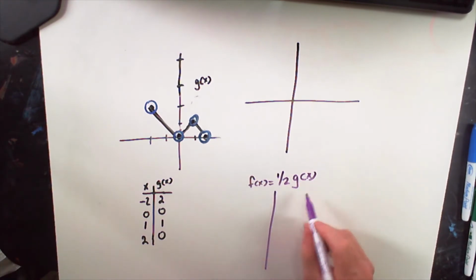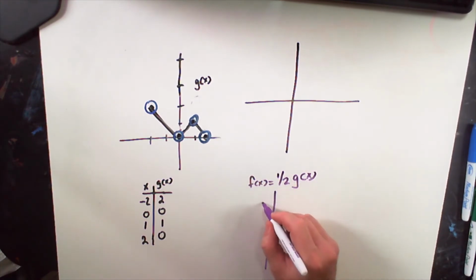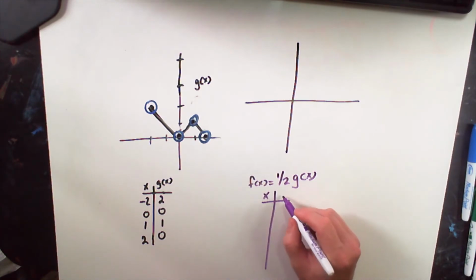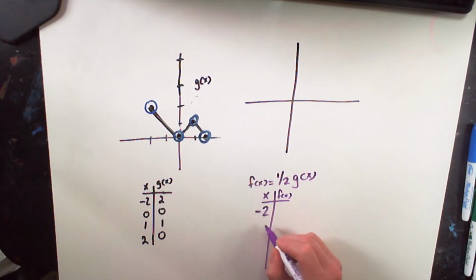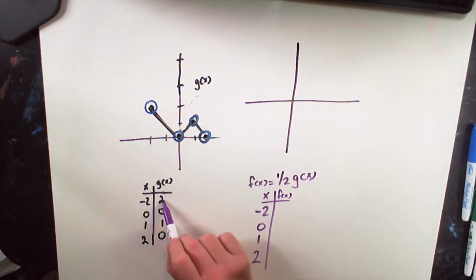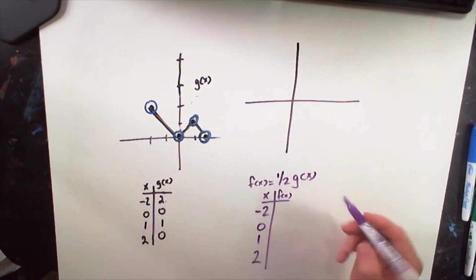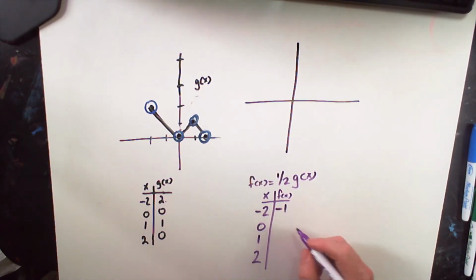So nothing at all is going on with my x's. My x's are negative 2, 0, 1, and 2. I take each g of x value that I started with, I multiply it by 1/2, so that becomes negative 1, 0, 1/2, and 0.